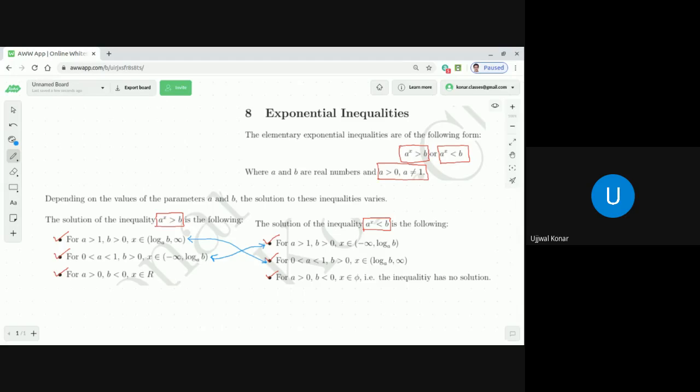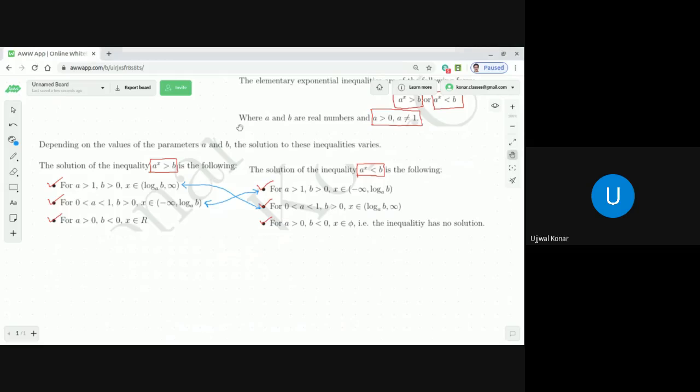So these are the very fundamental things that you need to remember. And another fundamental thing that you should always recall while solving exponential inequalities is how indices vary their relationship based on proper fraction and improper fraction.